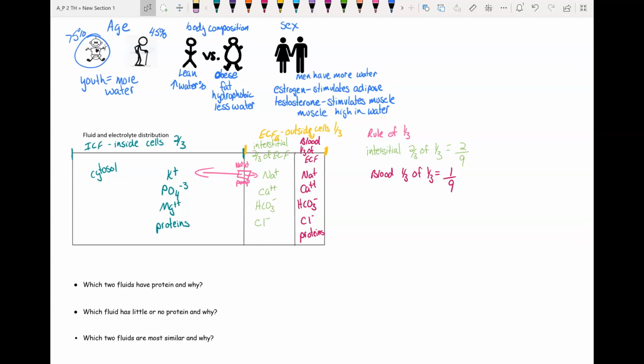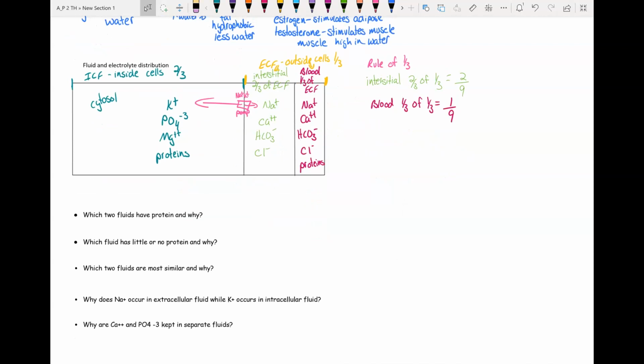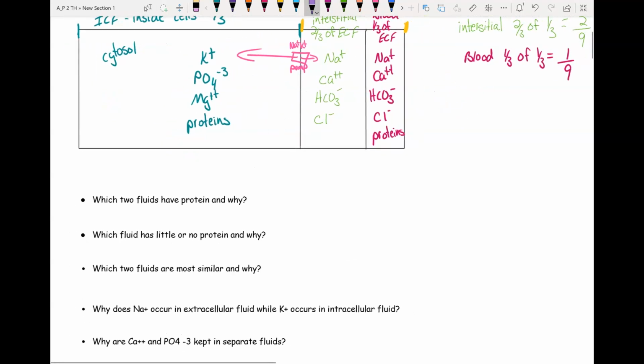So now let's look at some information comparing these areas: inside the cell, the interstitial fluid, and the blood. Which two fluids have protein and why? Well, you can see that your intracellular fluid has protein and your blood has protein. For ICF, the reason there's proteins inside your cells is because cells have ribosomes that make proteins.